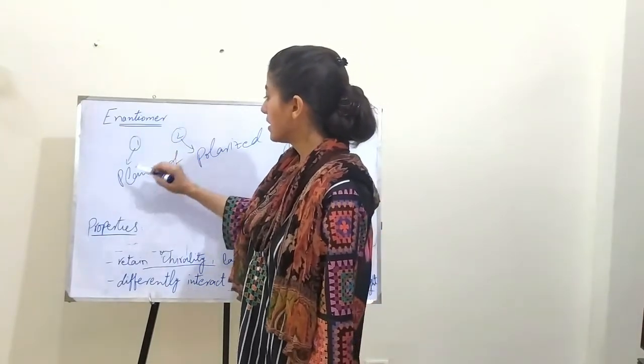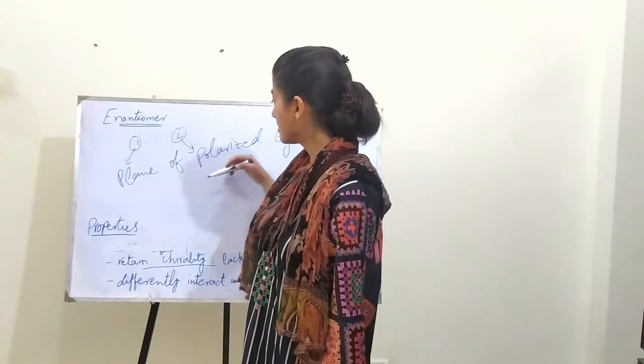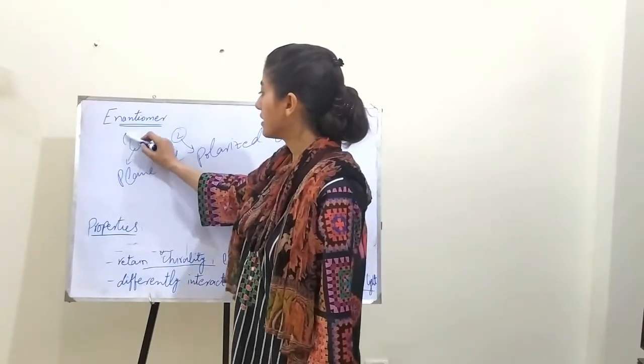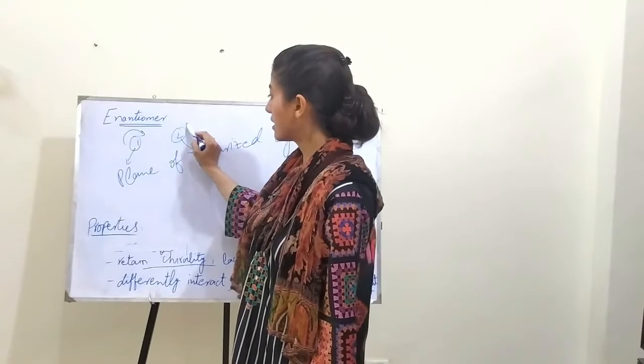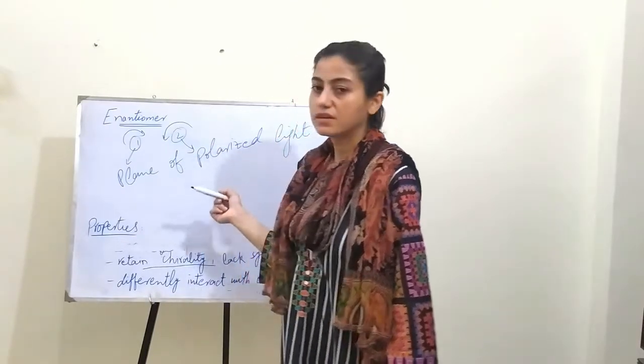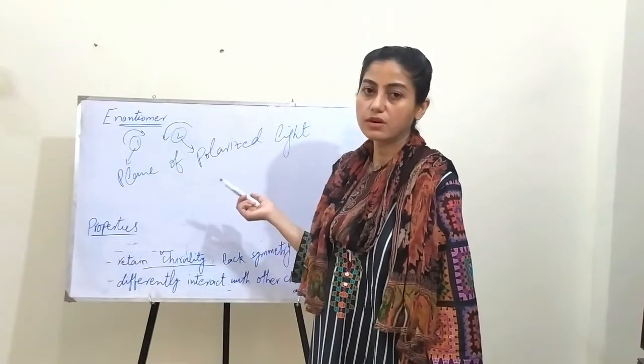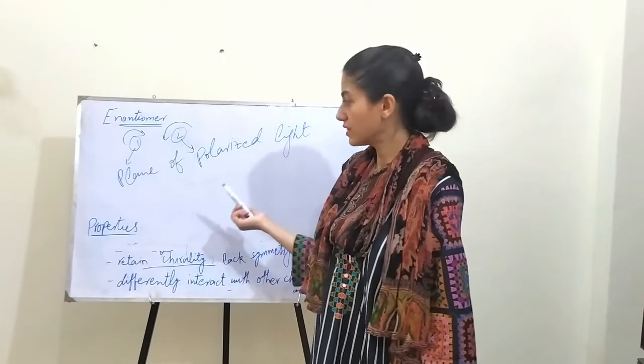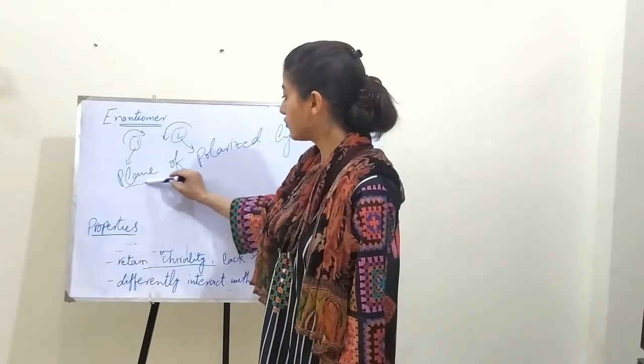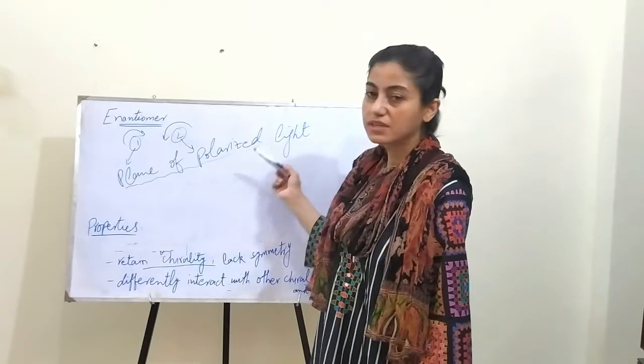For example, one enantiomer rotates the plane of polarized light in a clockwise direction, the other one rotates it in an anti-clockwise or counterclockwise direction. So in this way we say that they interact with the plane of polarized light differently.